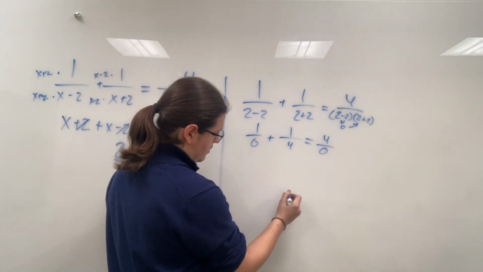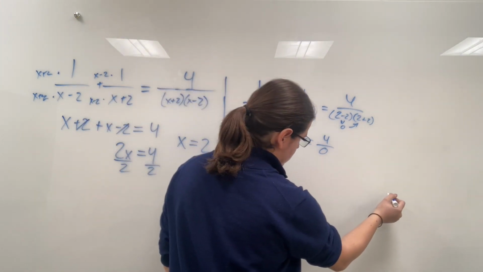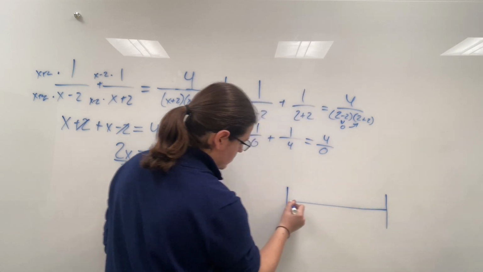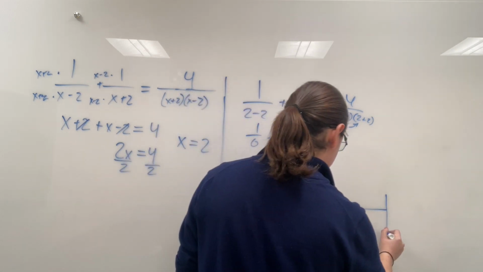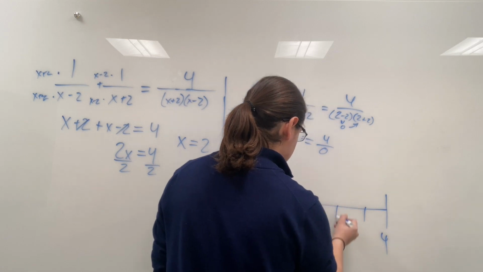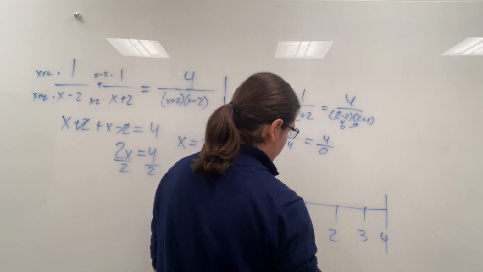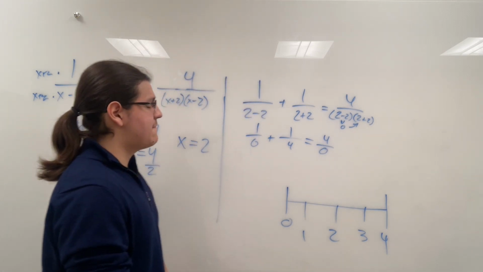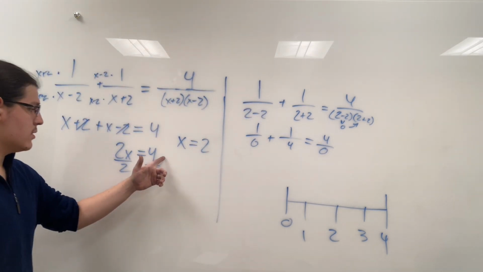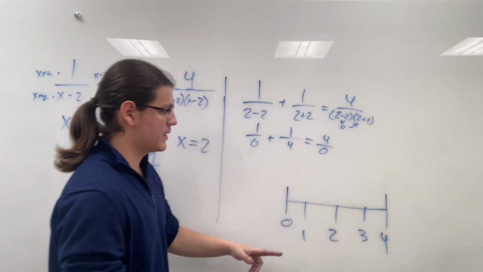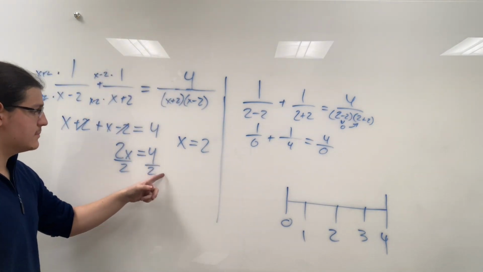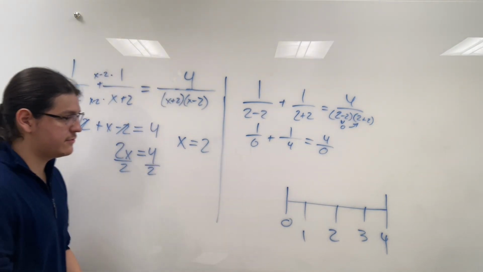So let's just draw a number line real quick from 0 to 4, 3, 2, 1. If I say 4 divided by 2, that is asking how many times does 2 fit into 4?